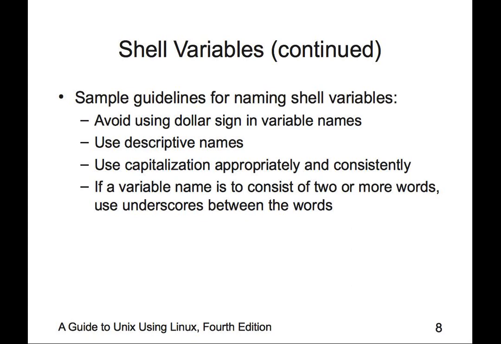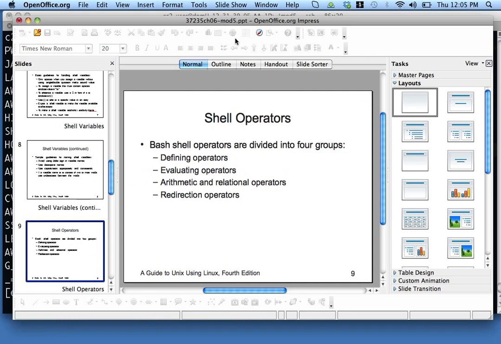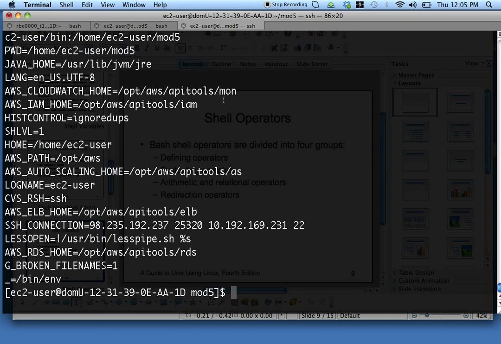What you don't want to do is use lowercase for street, uppercase for state, lowercase for city, uppercase for zip code. That's silly. If a variable name consists of two words, put an underscore between them, since you can't have a space in the variable name. I said that before.